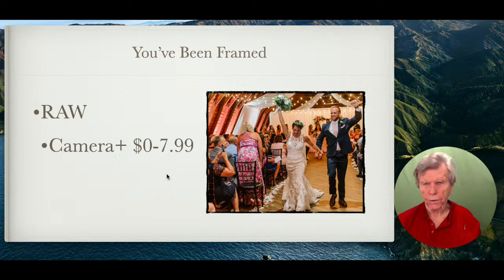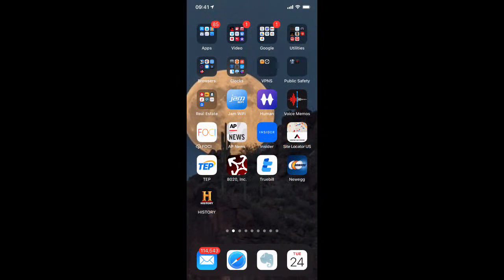And that workaround is an app that you download from the App Store called Camera Plus. Now, there used to be a free version, which I have, but now let's go to the App Store. So hopefully you can see my iPhone. If you can't, please let me know.